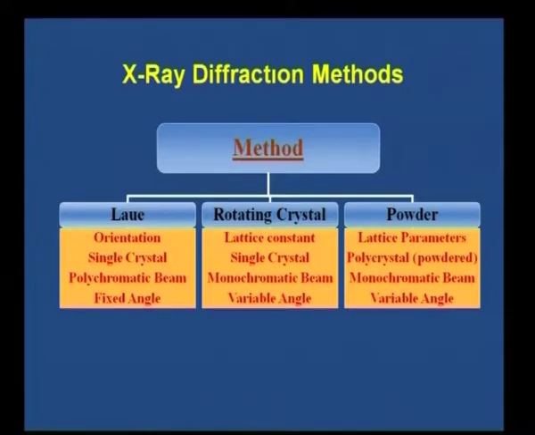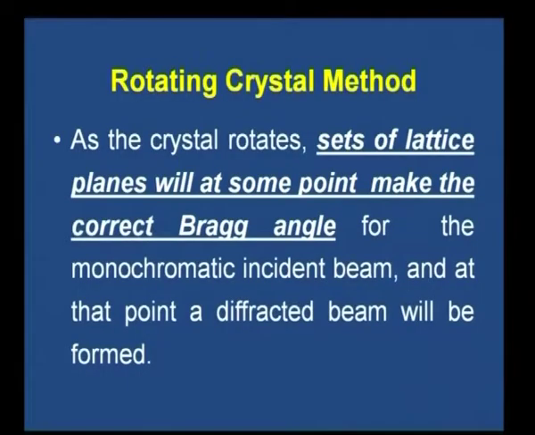the powder diffraction. In the rotating crystal method, as the crystal rotates, because the words rotating crystal imply the crystal is being rotated, sets of lattice planes will at some point make the correct Bragg angle. So, the Bragg angle, theta: the beam is incident on a crystalline plane and gets reflected.